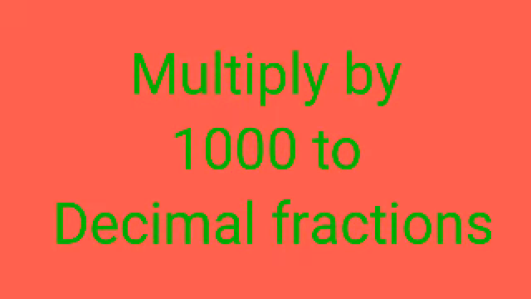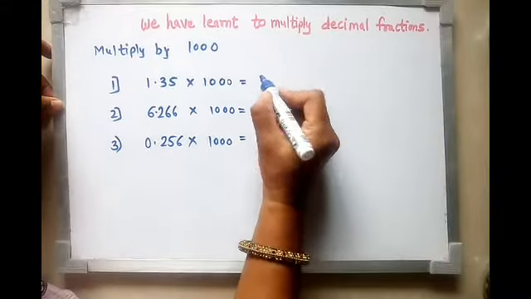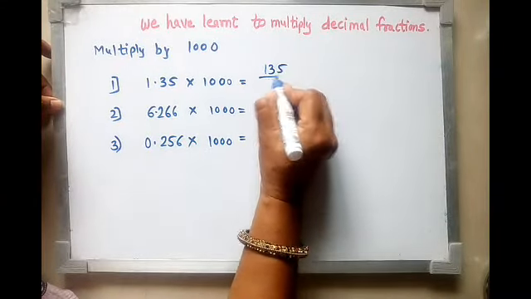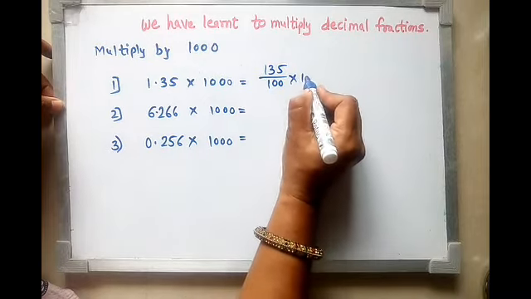Multiply decimal fractions by 1000. I write three examples. Multiply by 1000.